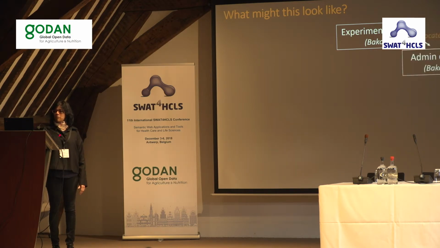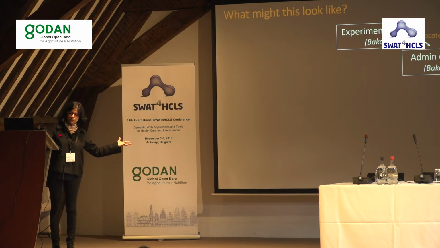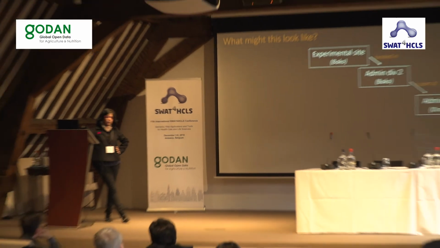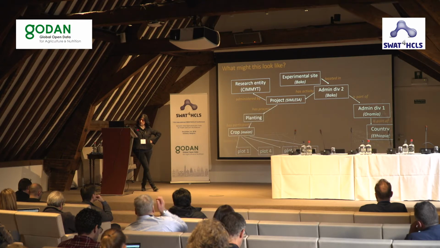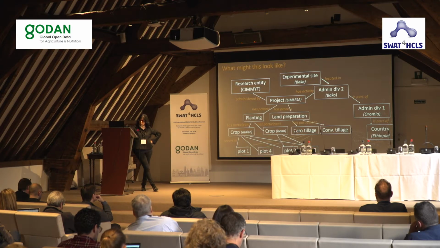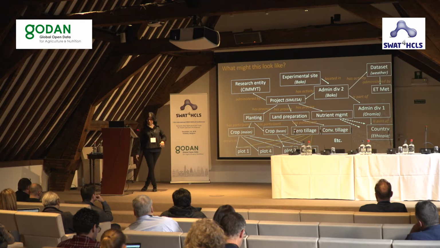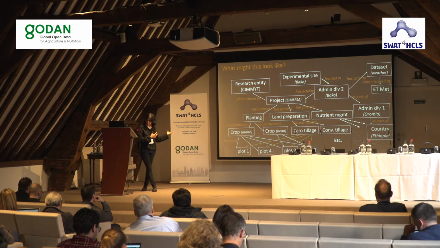I don't know if I want to go through this in detail, but basically what I'm trying to show you is the RDFized version of this. What might it look like? It's not elementary, because what we're trying to do is build up these relationships and make sure that we have all of the terms that are needed to build up the graph for what we're trying to describe.